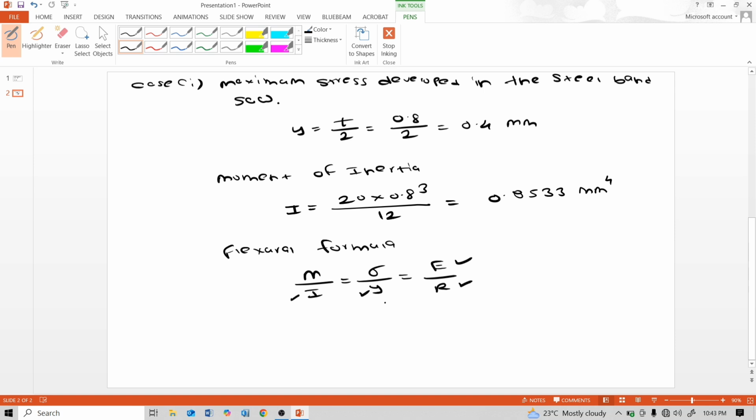With the help of these terms we calculate sigma, so use sigma by y is equal to E by R. Sigma is sigma max here. Sigma max is equal to E by R into y.